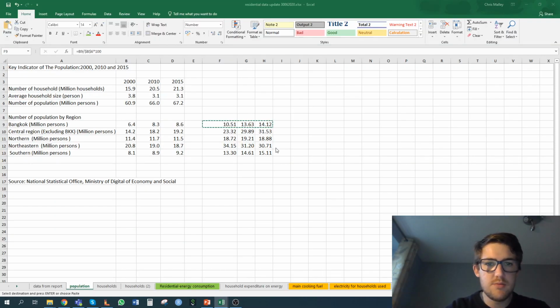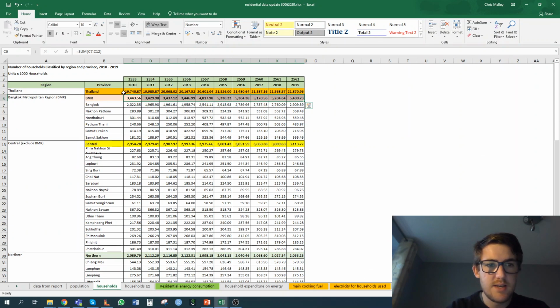Now I want to know the average number of households in Bangkok. So the average household size. So I know this is the total number of households, and this is the number that I want to calculate in Leap. So let's take the year 2010 as an example.